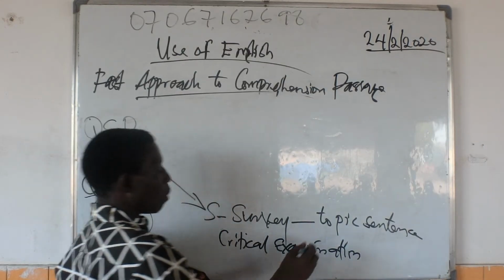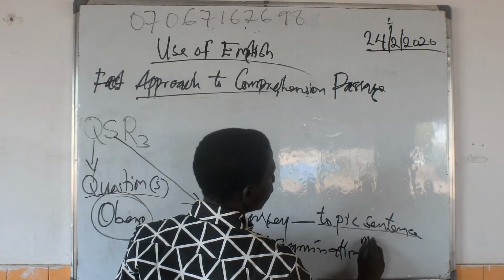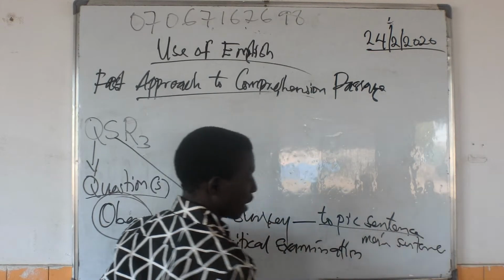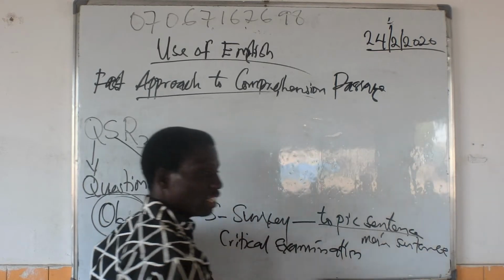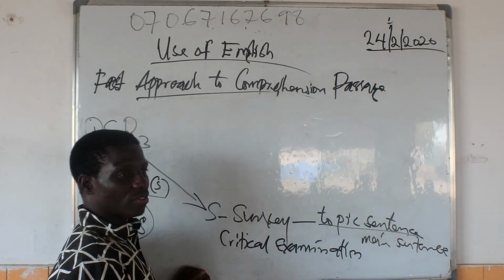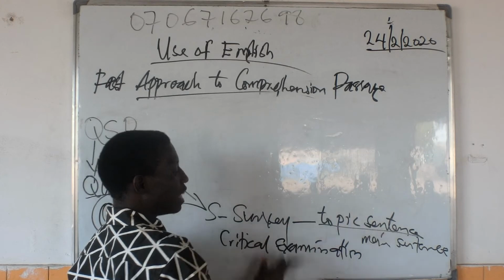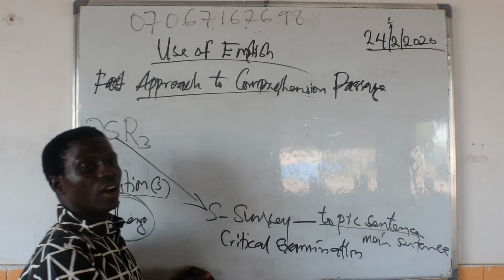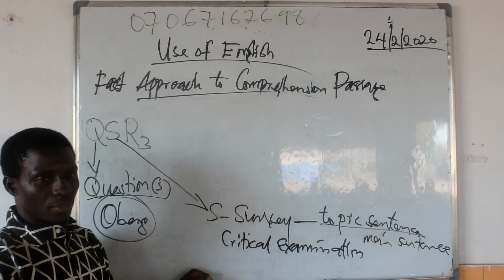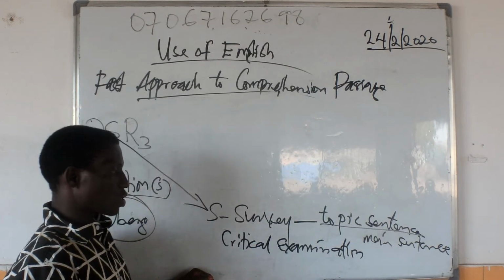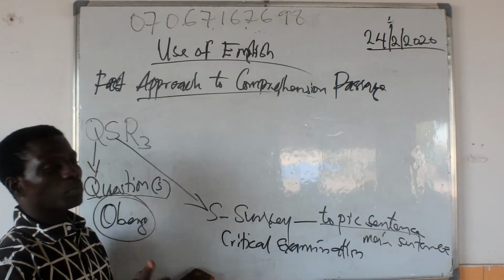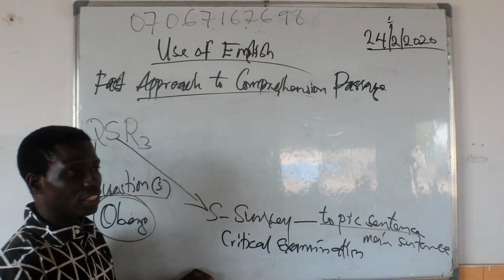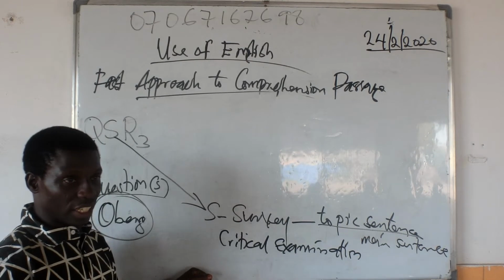The topic sentence is the main sentence in a paragraph. The topic sentence is the main sentence in the paragraph. And this topic sentence is what we need to answer the questions under that passage. Now, of course, each paragraph of a comprehension passage is made up of 2 types of sentences.